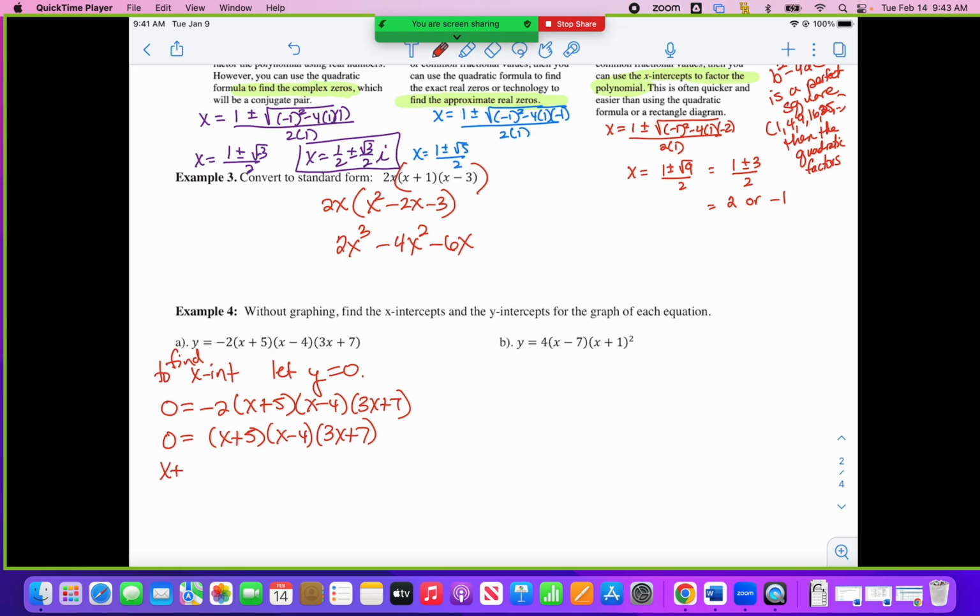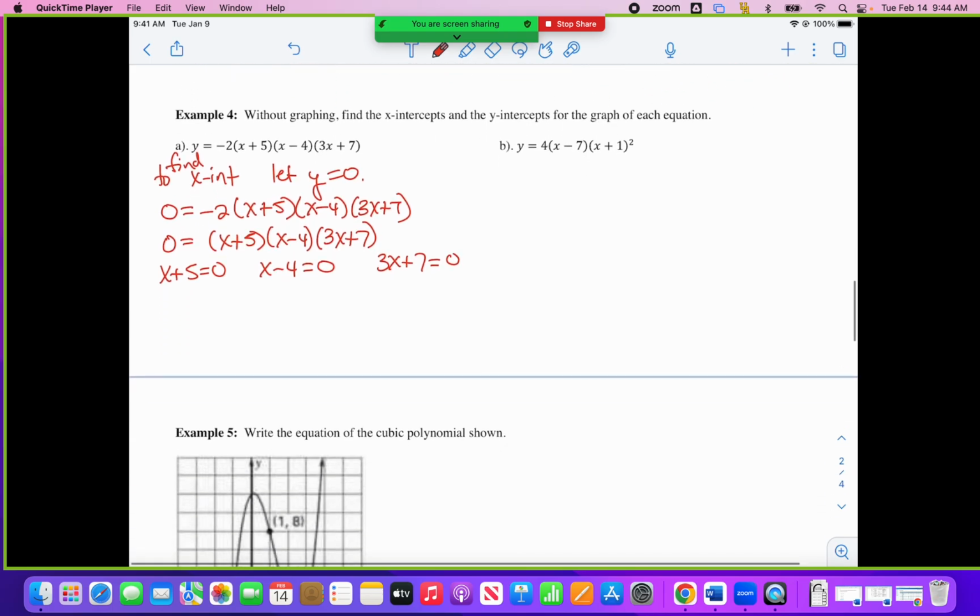Then you would set x plus 5 equal to 0, x minus 4 equals 0, 3x plus 7 equals 0. So I'm going to pause and let you solve those. If you're a fast worker, go ahead and start on your y-intercept. We'll review how to do that in a moment.